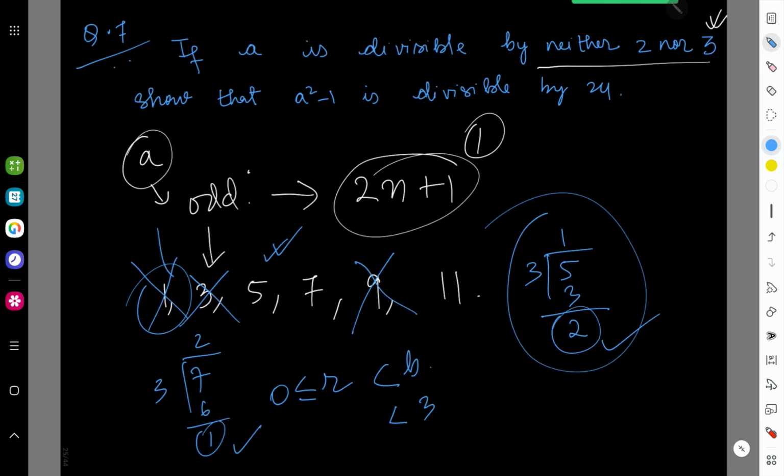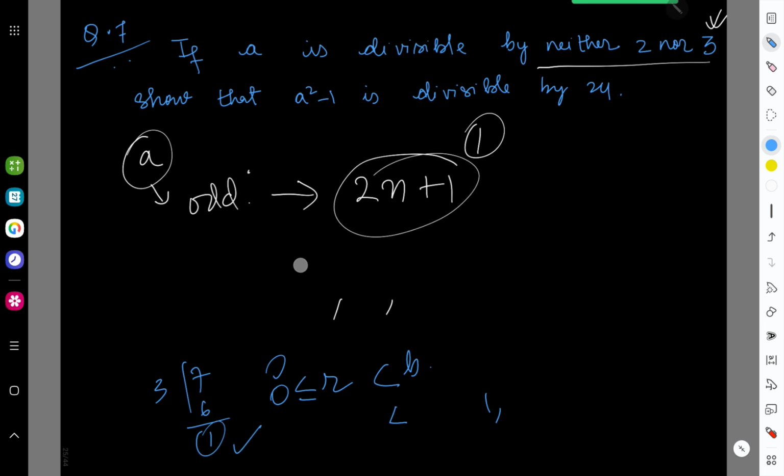It cannot be 0 because if it is 0, then the dividend is divisible by 3, but the question says it is not divisible by 3, so the remainder being 0 is ruled out. So our possible values of remainder are 1 and 2.